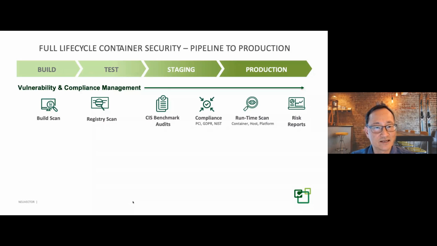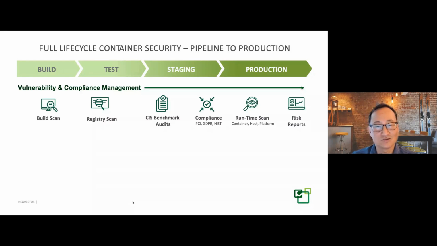On the vulnerability and compliance management side, it starts with the build scanning step. So when developers are building their images, NeuVector can be invoked, whether it's through a Jenkins plugin or Azure DevOps or GitLab. Any of the pipelines that are being used by your developers can then invoke the NeuVector scanner to check for vulnerabilities and compliance violations.